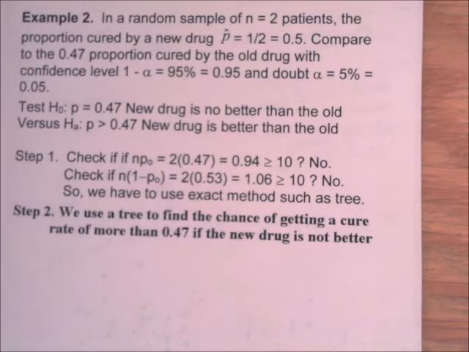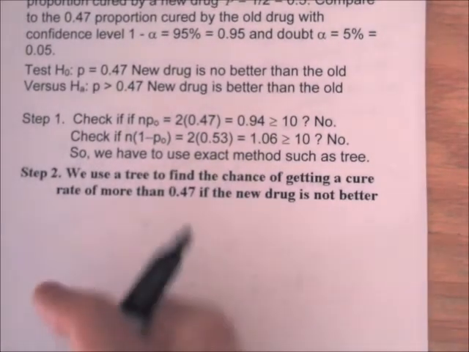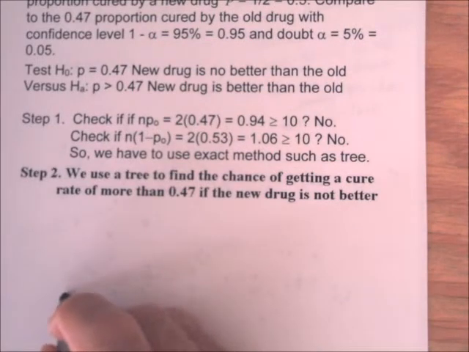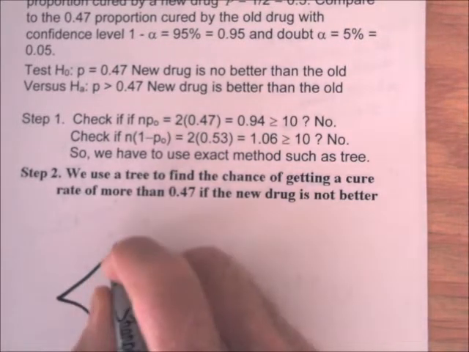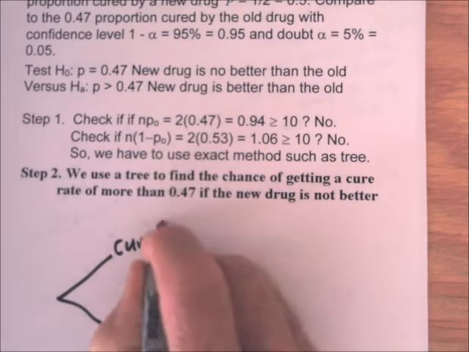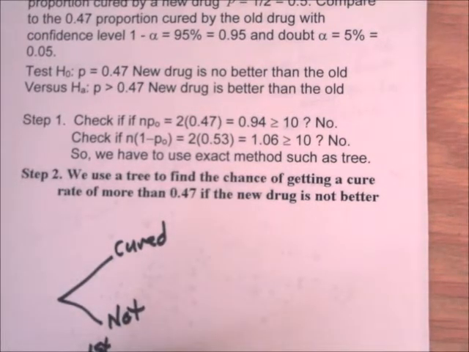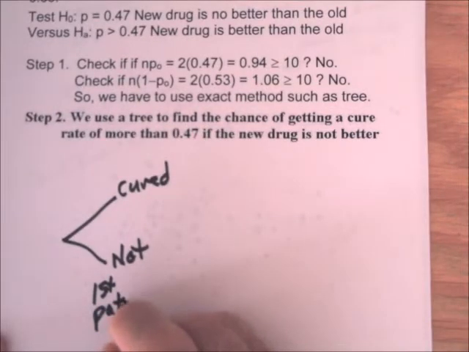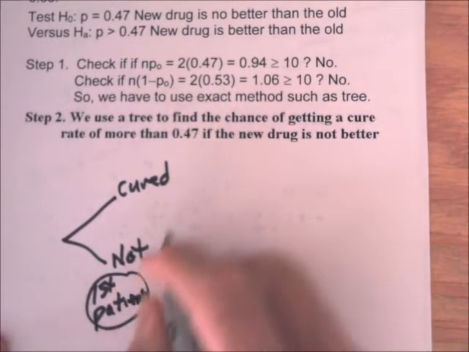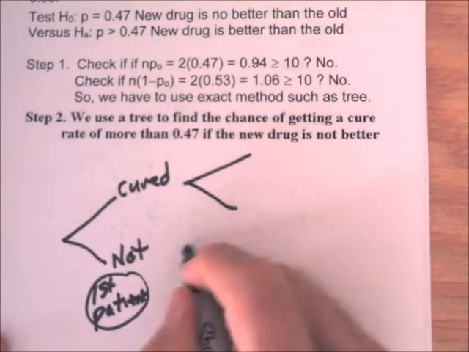Okay, so this tree is going to be a little bit more involved because we have 2 patients. The first patient is either cured or not, and the second patient is also either cured or not.